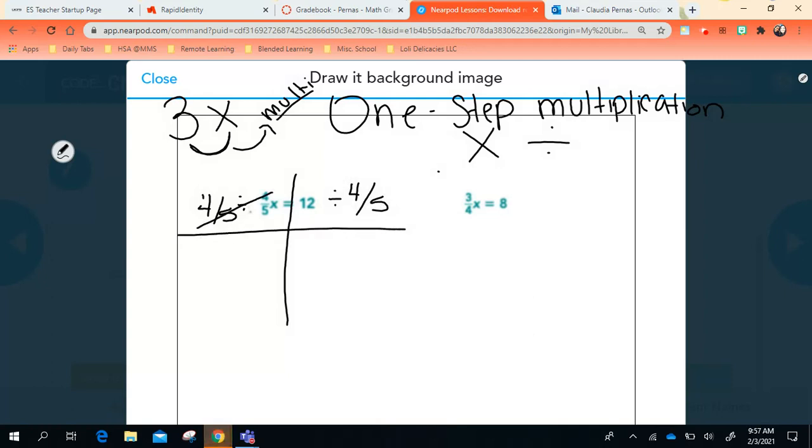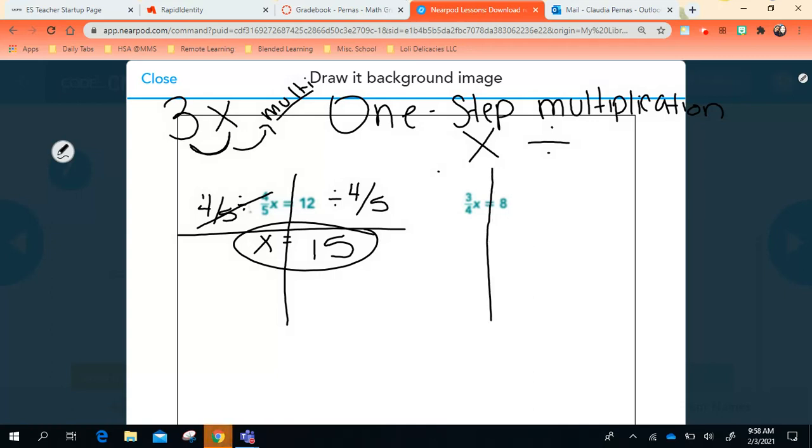This gives me 1, so I bring down my x. What is 12 divided by 4/5? 15. You read the second problem. So x equals 15.